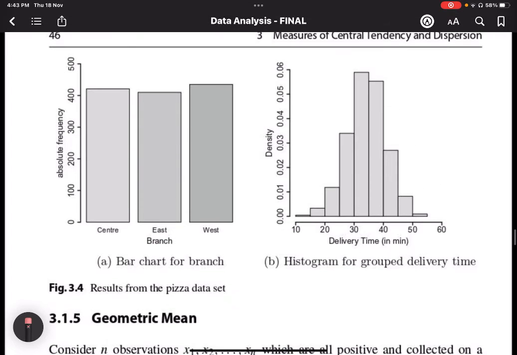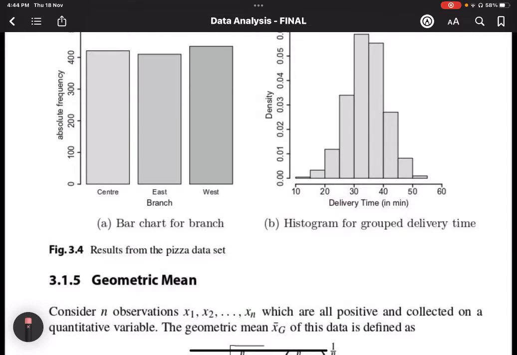Using the mode, we can easily determine which is the better performing data. Here we have the West, and here the fastest is under the group of 30 minutes. You just look at which data appears most often.